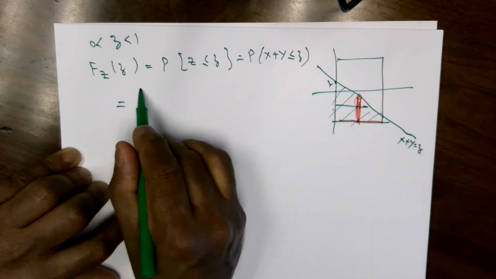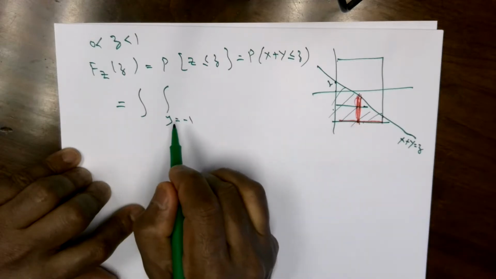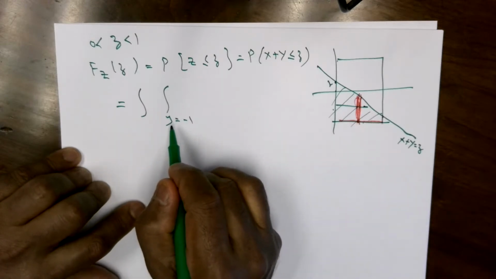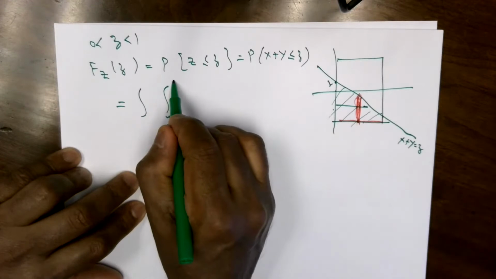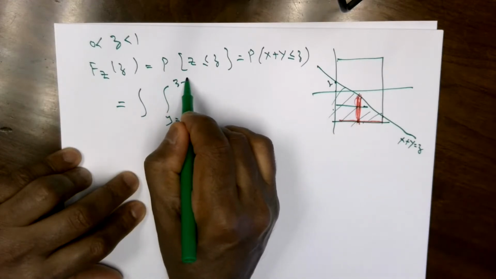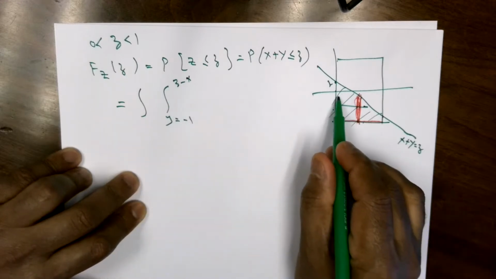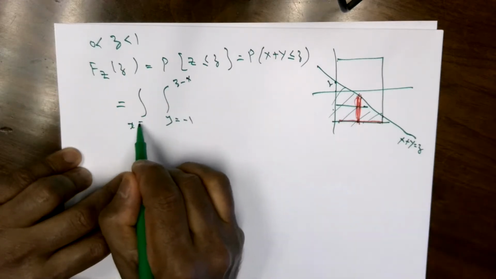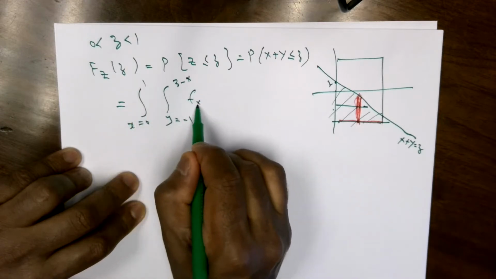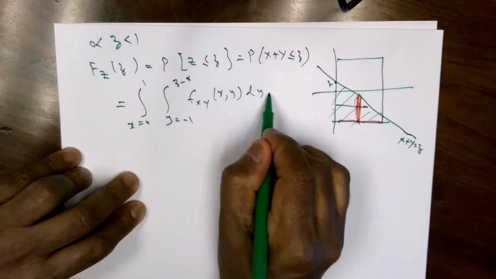So remember, the first integration is on y. y goes from minus 1 to z minus x, because y is z minus x. And x goes from here to here, so x goes from 0 to 1. f_XY(x, y). First we are integrating dy, then dx.